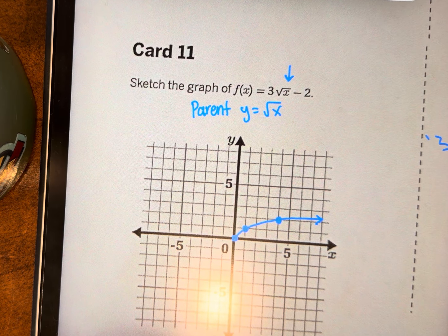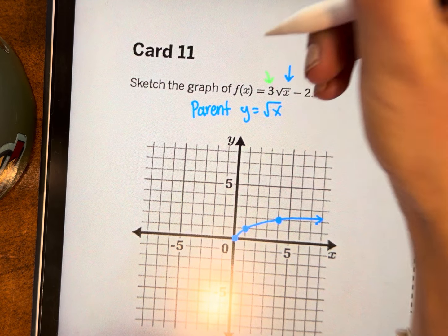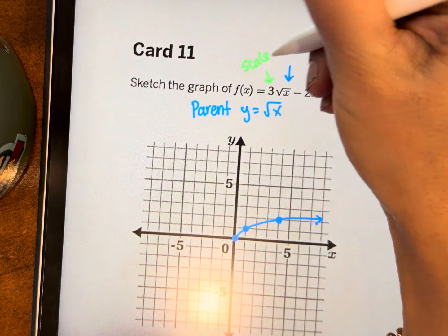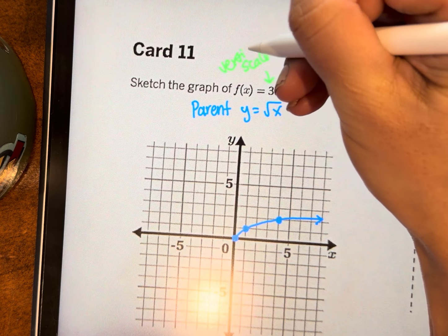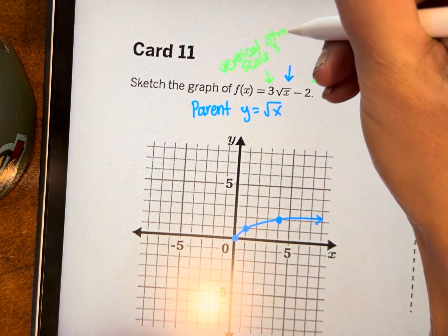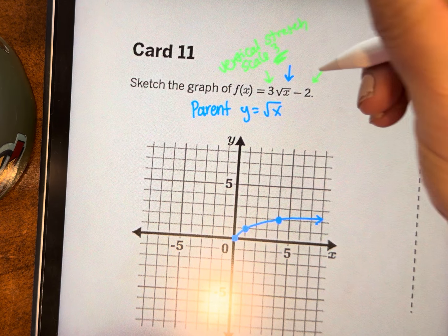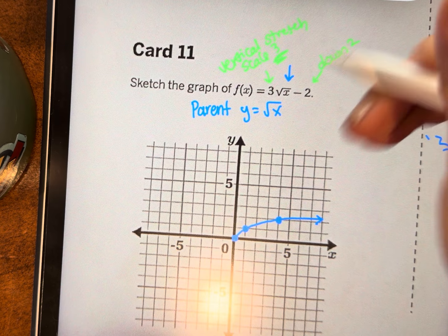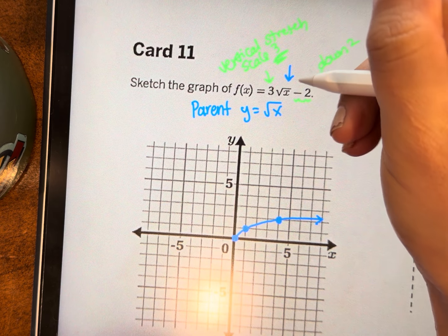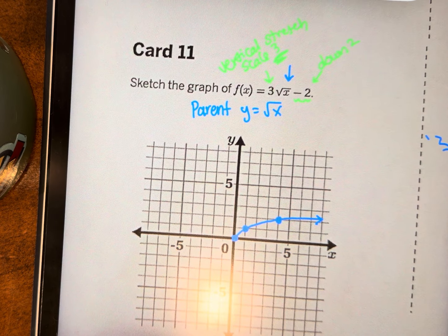And then my function also has a scale of 3, means it has stretched vertically, triple, 3 times, and it also goes down 2. You guys, this 2 is not in the radical, so it's part of our vertical transformations.